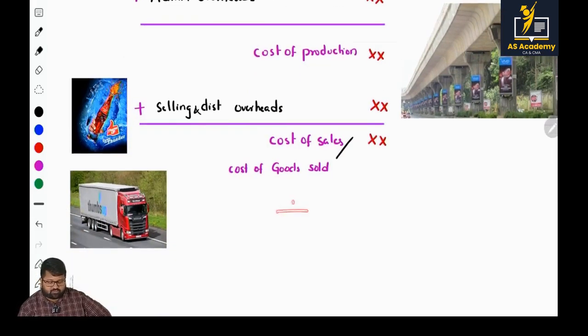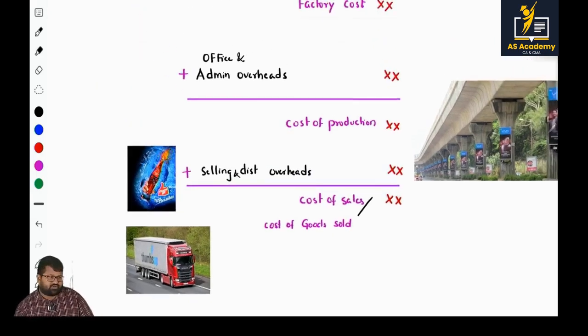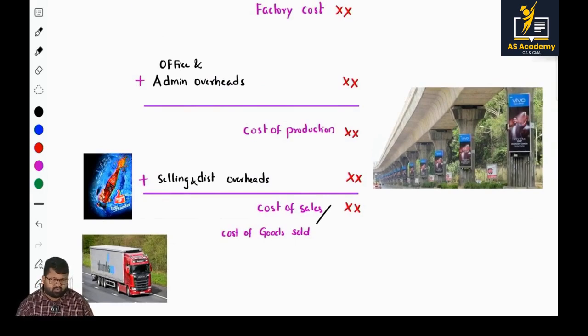Here we can add profit and we get the selling price, sales. That is not required basically, because we are not dealing with the financial part, we are dealing with the costing part. For this they add profit and get sales. That is secondary. This is a basic cost sheet. It has no opening stock or closing stock.